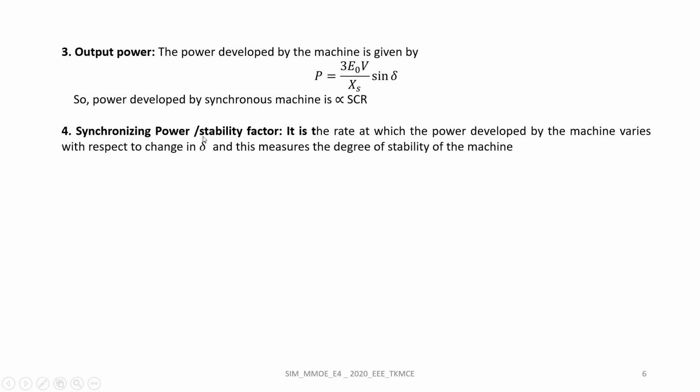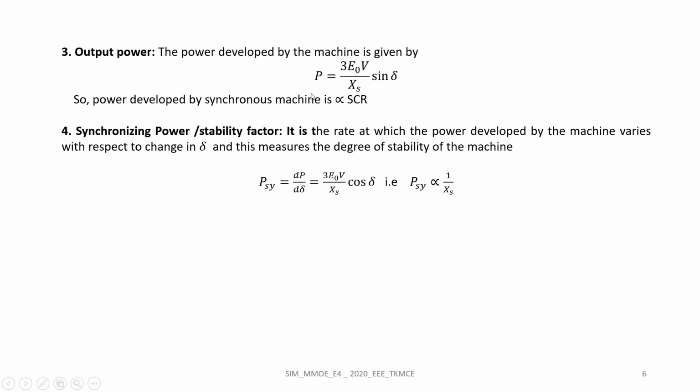Next point is synchronizing power or stability factor. What is synchronizing power? The derivative of P with respect to delta is known as synchronizing power or stability factor. That is, it is the rate at which power developed by the machine varies with respect to change in delta, and this measures the degree of stability of the machine.